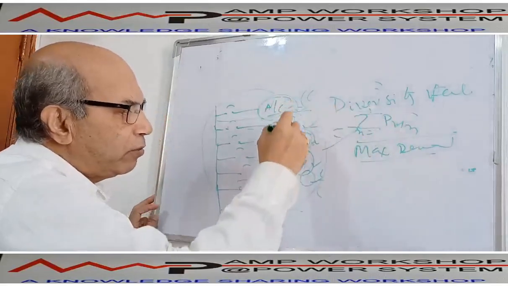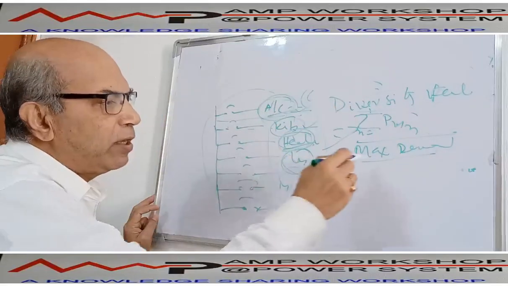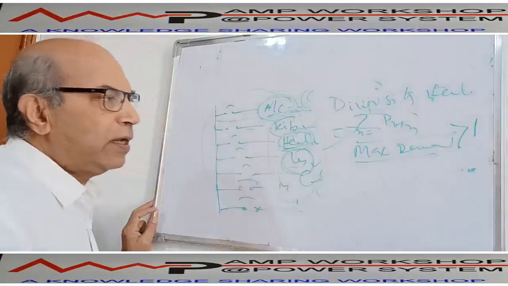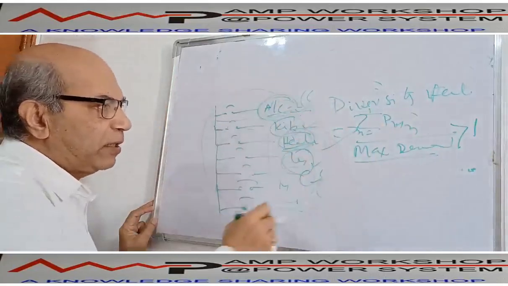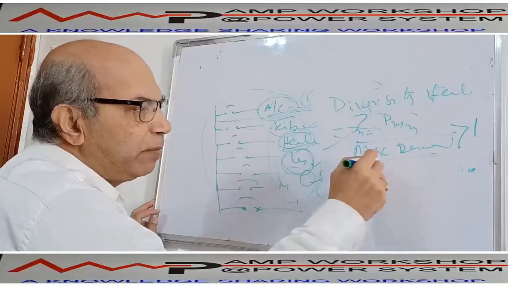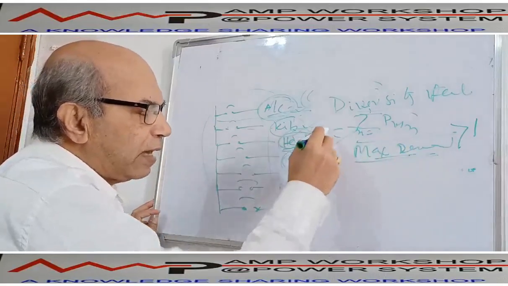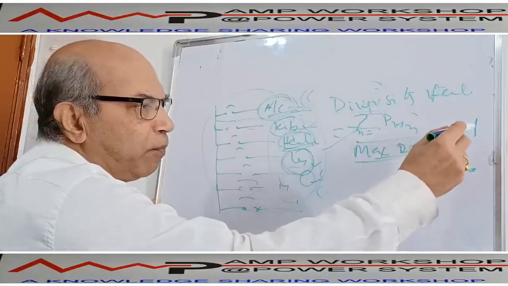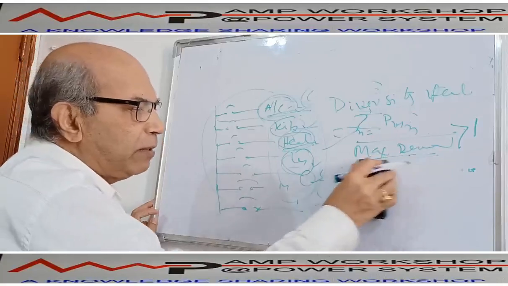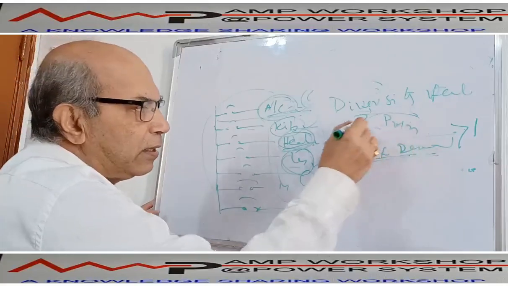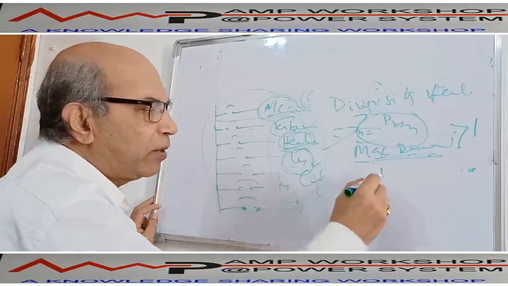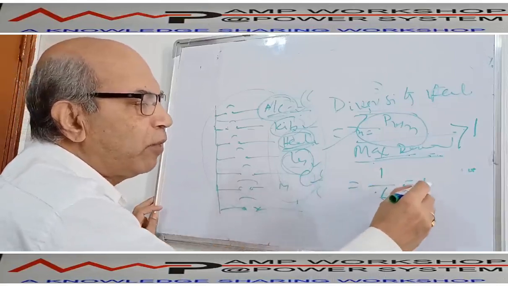Obviously, when you sum all these together, it will always be more than the system maximum demand. That means this factor is always greater than 1. Suppose we say 60% of all the maximum demand is running at a particular instant. Then the ratio is 0.6, so the diversity factor is 1 divided by 0.6, which is equal to 1.66.